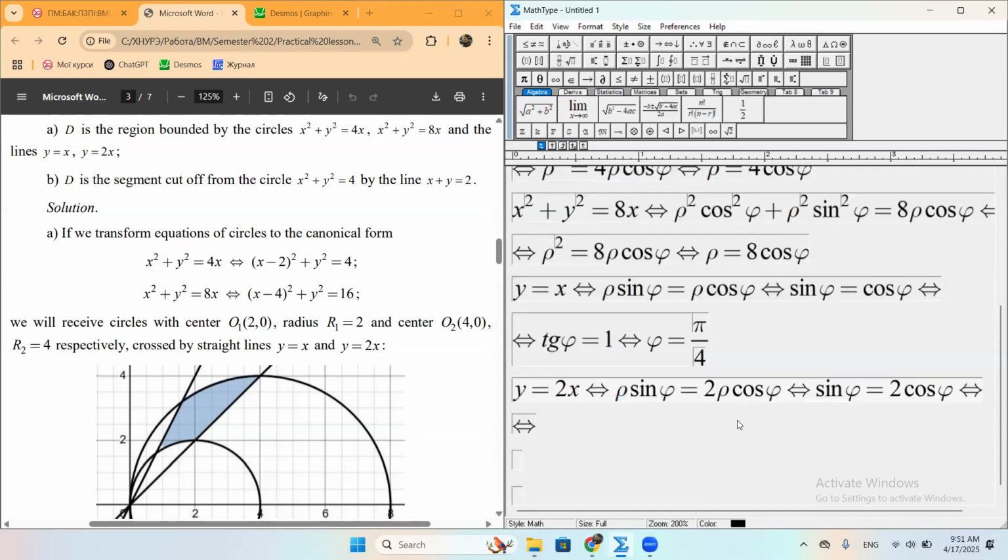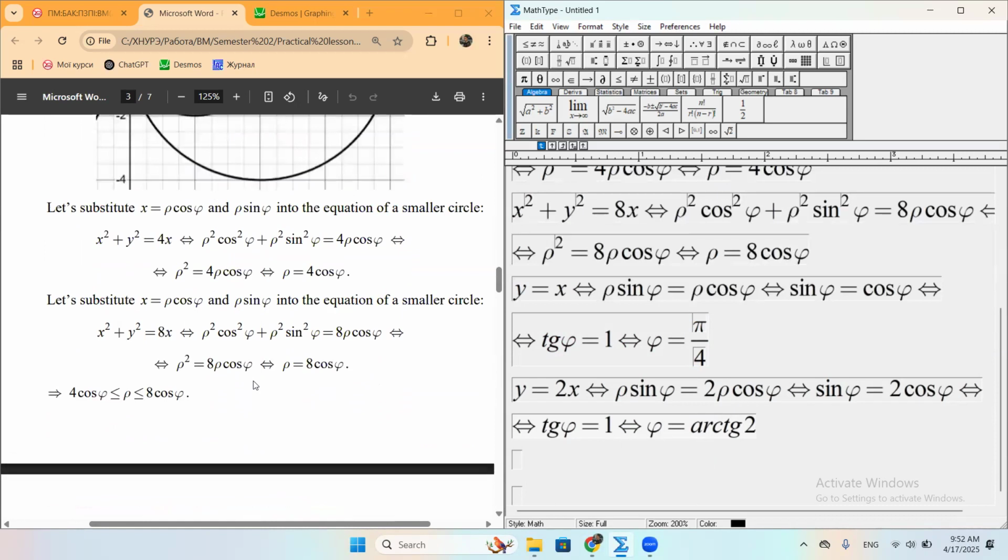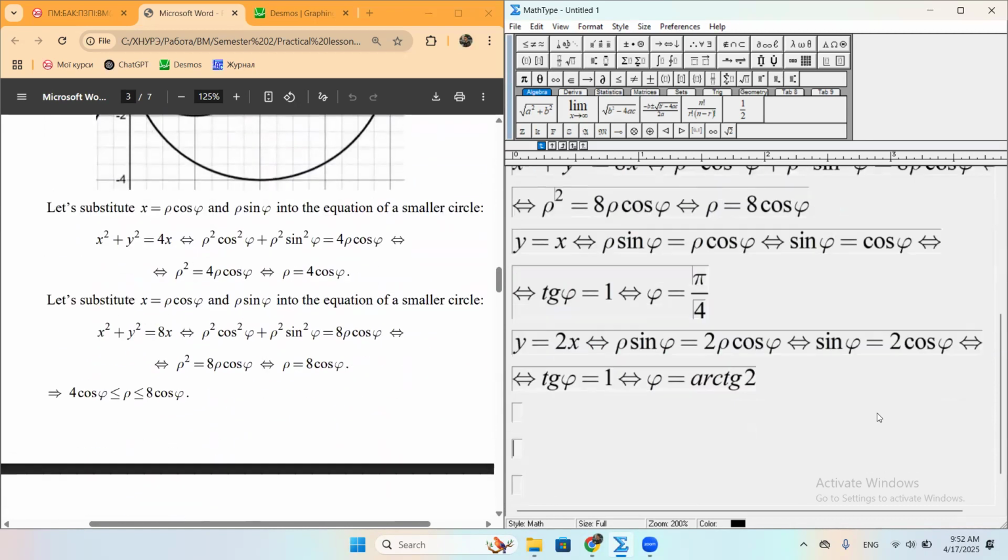Then tangent of phi equals 2. It is not a table value, so phi equals arctangent of 2. So we found all limits of integration.